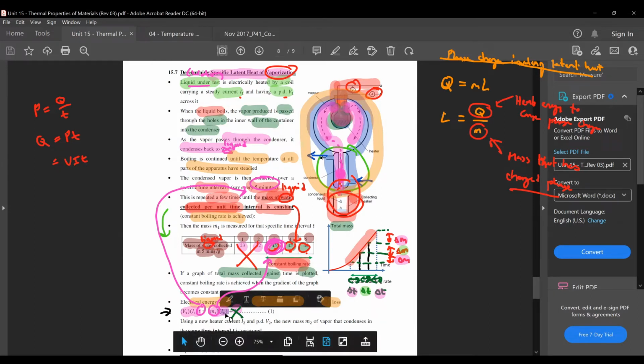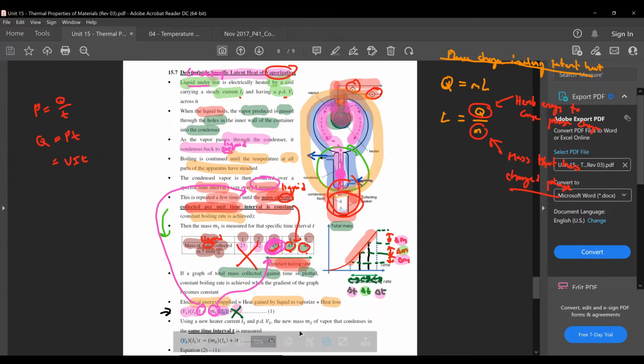If we ignore heat loss here, when it is significant, whatever value of L that we find will be very inaccurate. So one way of overcoming this problem is to repeat the experiment, but using a different setting for your heater.